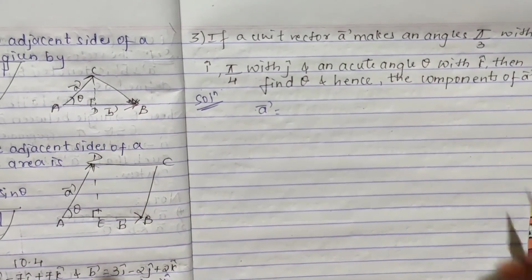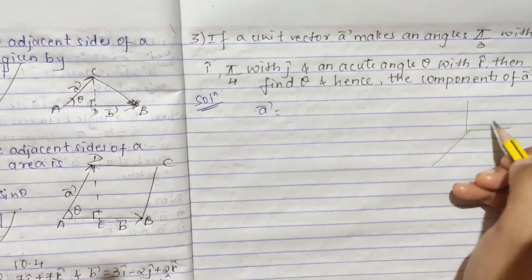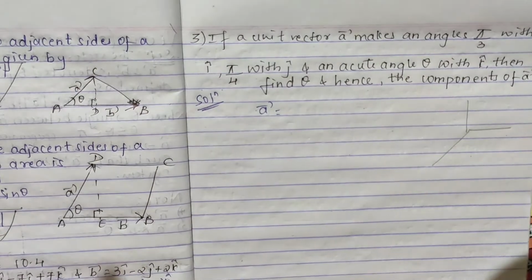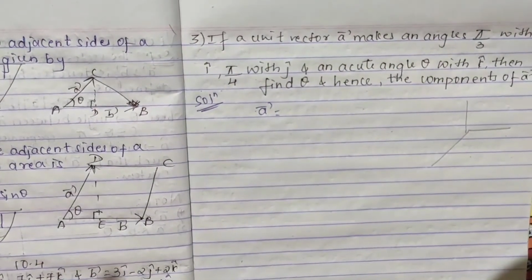Now we have known already that in 3 dimensions, your scalar components are termed as your direction cosines, right?